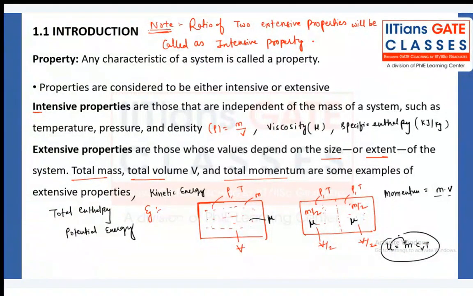It depends on the mass. But whenever we write U by m, specific internal energy, that will become Cv times T. Are you getting my point? So that will become an intensive property. But for that, I would need to discuss thermodynamics again. Thermodynamics classes will already be happening for you, so no need to introduce thermodynamics again over here.